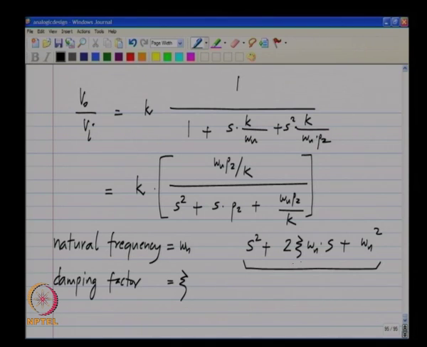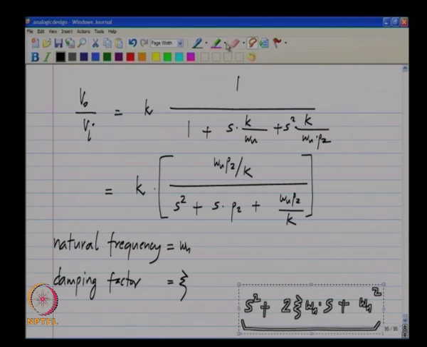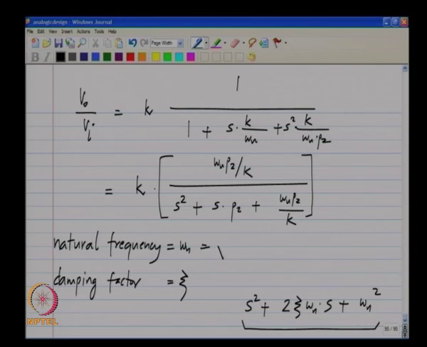So, omega n comes out to be square root of omega u times P 2 divided by k, and zeta turns out to be P 2 divided by 2 divided by omega n, which is omega u P 2 divided by k. Okay.